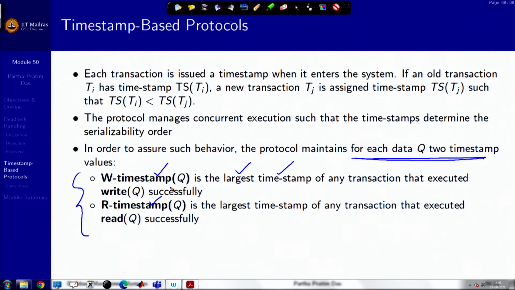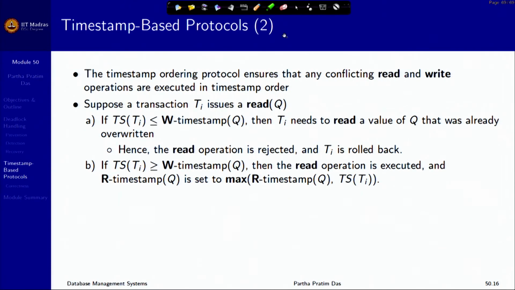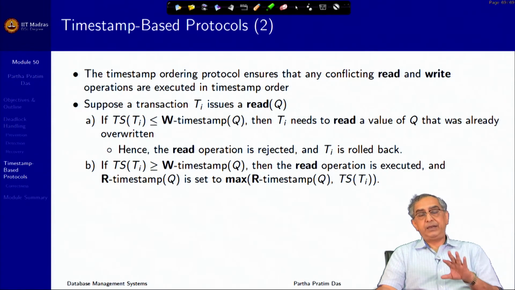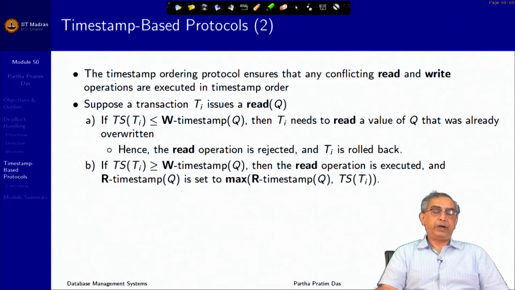Similarly, the read timestamp is the largest timestamp of any transaction, you do not care which transaction, that read Q, the latest time for read. And then along with the timestamp of the transaction, you decide on when to proceed, when to roll back.